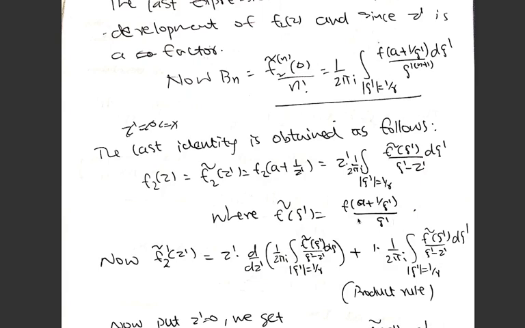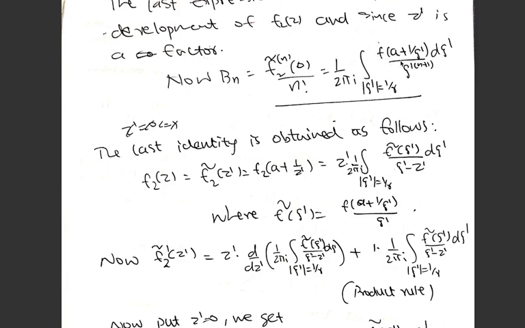What is f tilde of z prime? It is f of a plus 1 by z prime, which is also analytic there. You need in fact only continuity. So f2 tilde is z prime into something like this. Now you compare. This has a power series expansion in terms of z prime at the origin. The coefficients are obtained as the nth derivative of f2 tilde evaluated at 0, divided by n factorial. Now we use a small lemma that we can interchange the order of differentiation and integration.